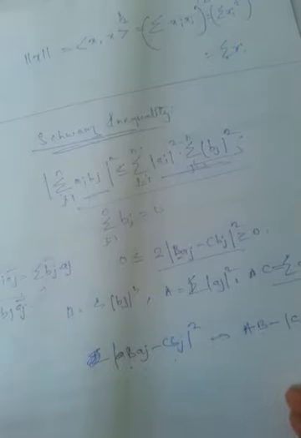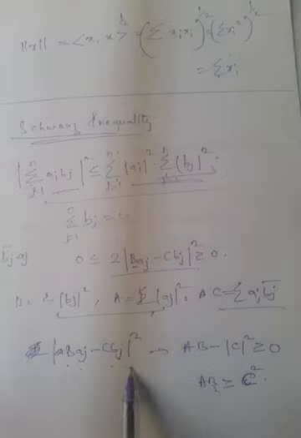We get ab greater than or equal to c square.